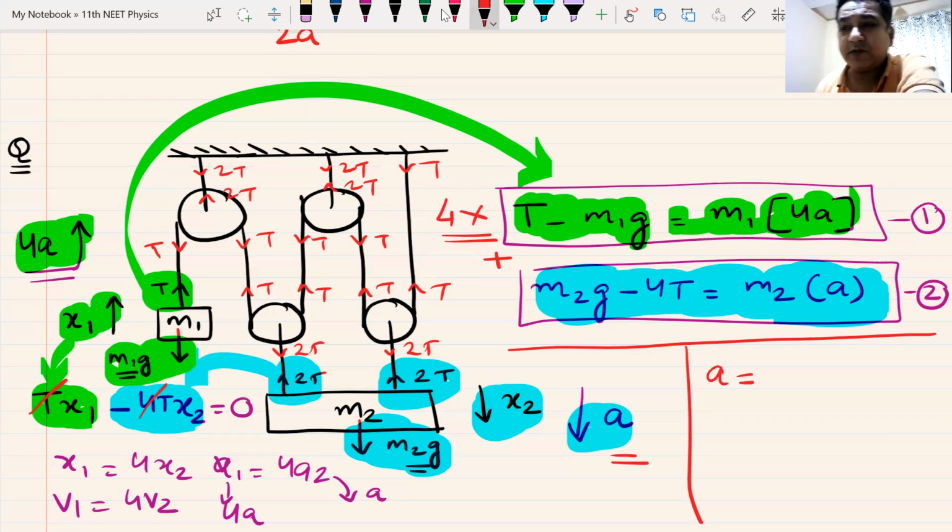Once you get the value of A, you should be able to get the value of tension. The easiest way to solve this is to multiply the first equation by 4 because there is 4T in the second equation, and then add these two equations. 4T will get cancelled and you will have the equation of motion for this block.